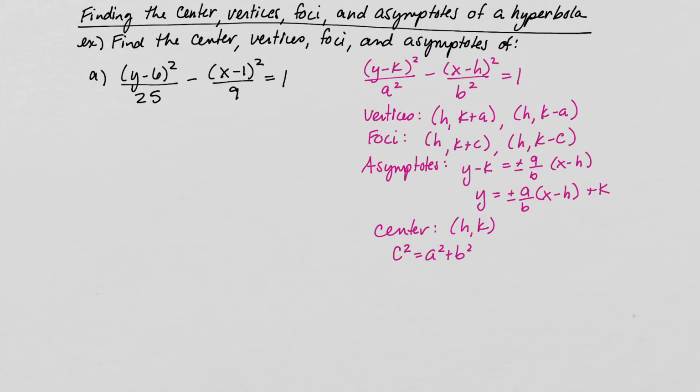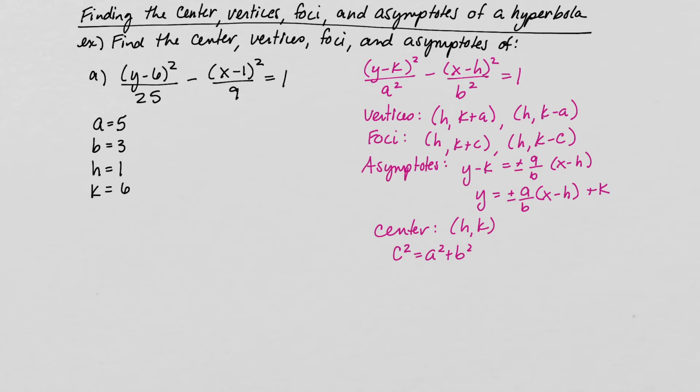Okay, so we need to match things up and figure out what things are here. In our problem, a is always going to be the square root of the number under the first piece. So our a is going to be 5, because 5 squared is 25. Our b is going to be 3. Our h comes from the x part, so it's a 1. And our k comes from the y part, so it's a 6.